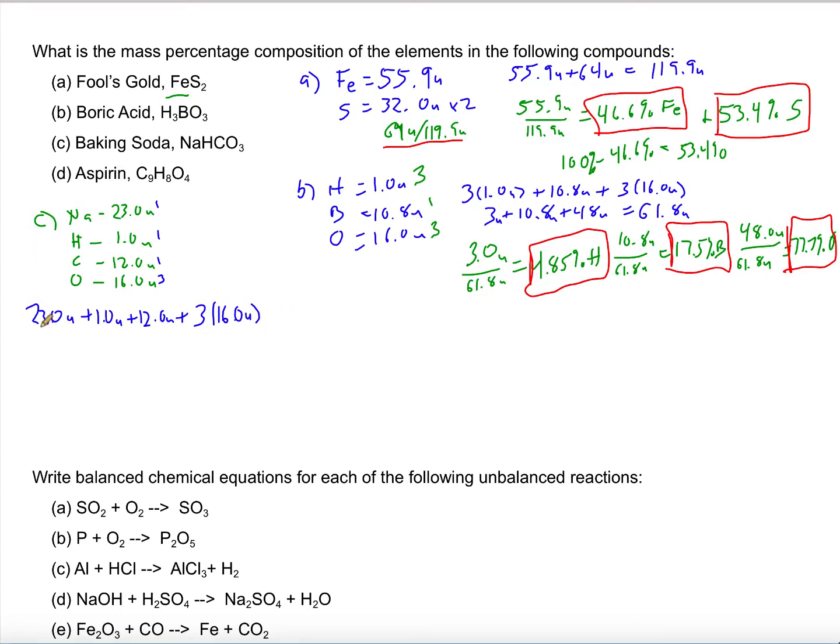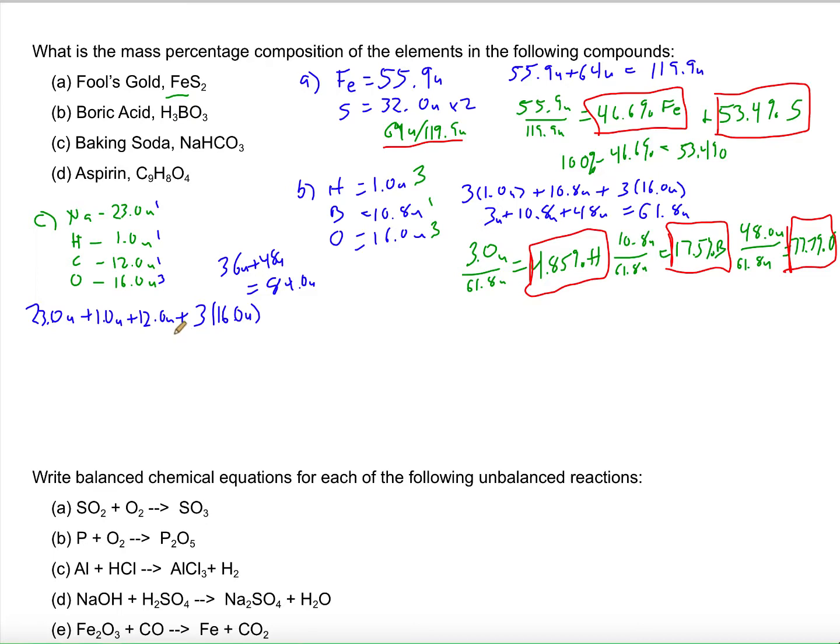So if we add that up, that's 23, 24, 36 units plus 48. So 36 units plus 48 units gives us a total of 84 units for the molecular weight of these.